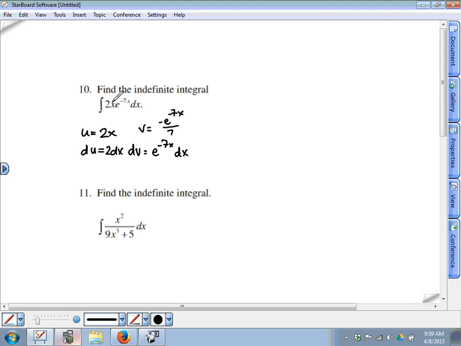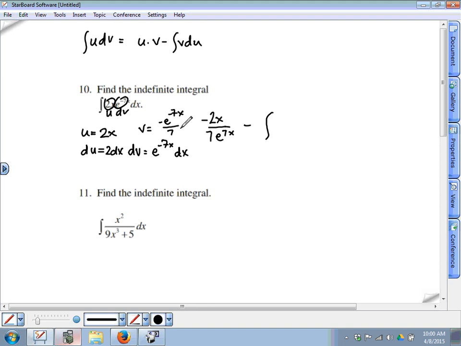So let's just check to make sure we have everything. This is u. That's dv. Remember the integral of u dv is equal to u times v minus the integral of v du. So we have u times v minus the integral of v.